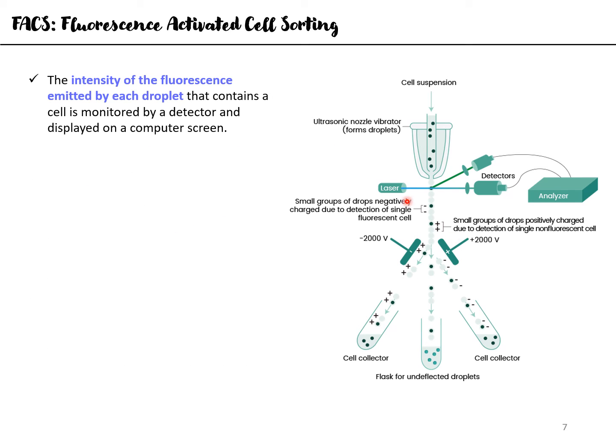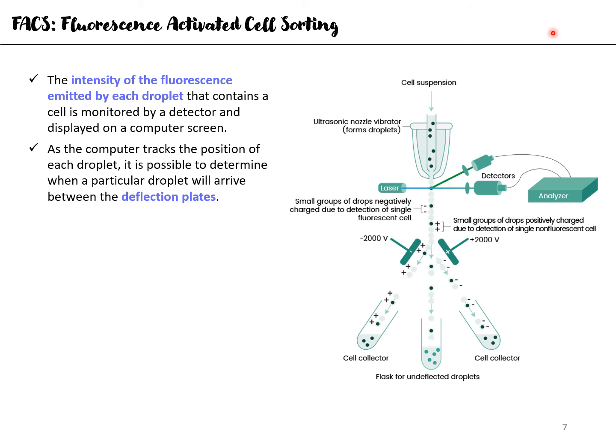The intensity of the fluorescence emitted by each droplet that contains a cell is monitored by the detector and displayed on the computer screen. Yes, the detector will monitor it and display to you the level of fluorescence that you're getting. Now, as the computer tracks the position of each droplet, it is possible to determine when a particular droplet will arrive between the deflection plates.